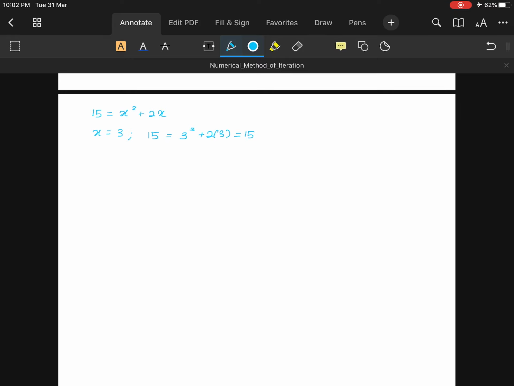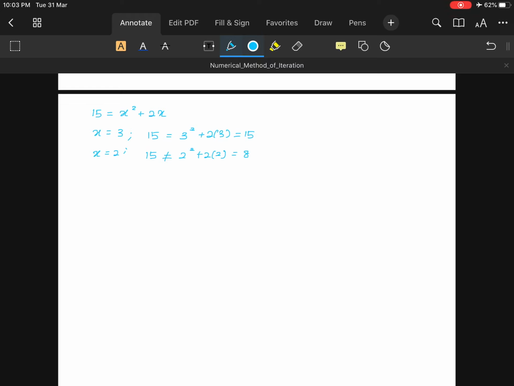On the other hand, if I substitute x equals 2, you will see that this is not a root, because when you substitute x equals 2, what you have is 8. So it's not the same. So x equals 2 is not the root.